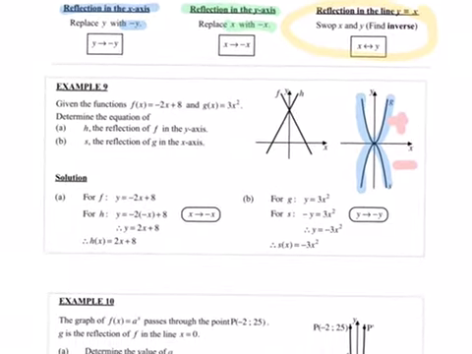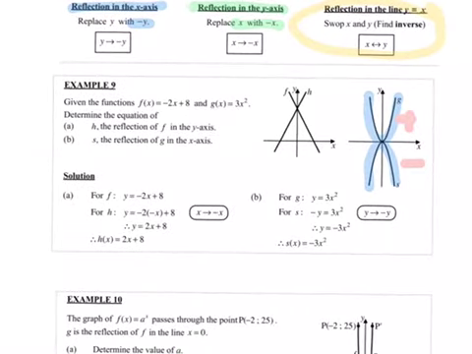Then, for example, 9, they give you the graph of f of x equals negative 2x plus 8. So it's a straight line graph. And then g of x equals 3x squared, which is a parabola, a concave up or smiling positive parabola.